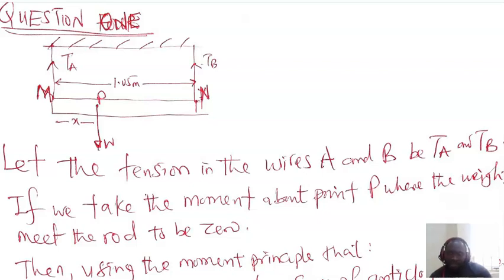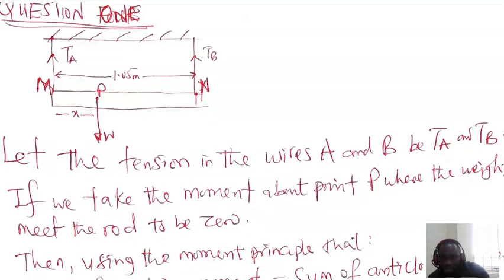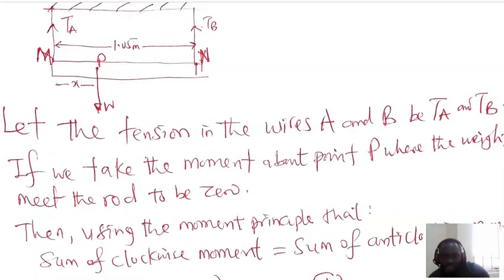Now, because of the urgency and other things, I could not type this out, but I hope my writing will be clear enough for us. So I've just redrawn the diagram here. I said let the tension in the wires A and B, because they are connected to the rod, so there will be some kind of forces in the wire which are called tension.